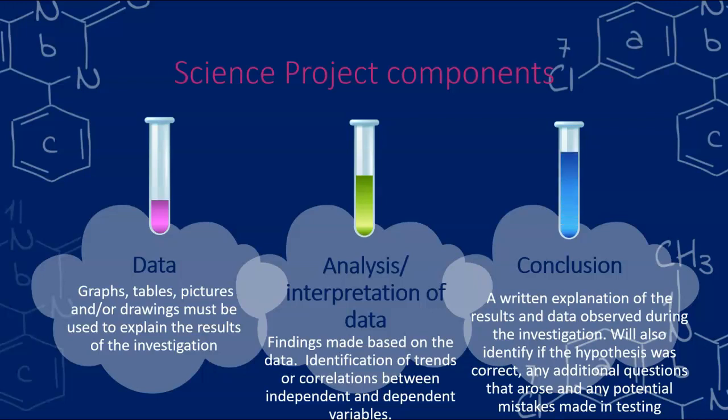You would determine whether or not your hypothesis was supported or not supported by the data that you collected. Any explanations as to why or why not that data supported your hypothesis. And then any additional questions that arose during your experimental time, and potentially any mistakes that you found as you were going through the process.